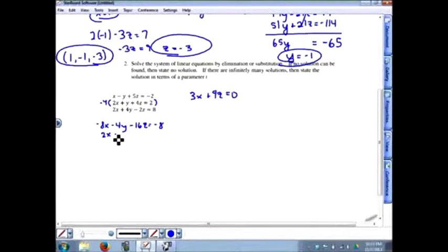And we're going to get 2x plus 4y minus 2z equals positive 8. Add, y's cancel, -6x minus 18z equals 0. So now we need to make a system of equations with these two new equations here.